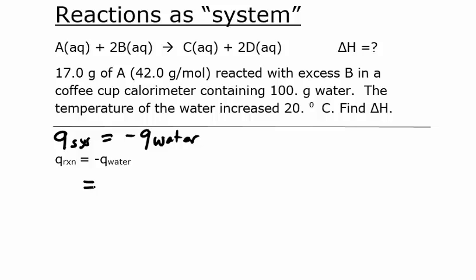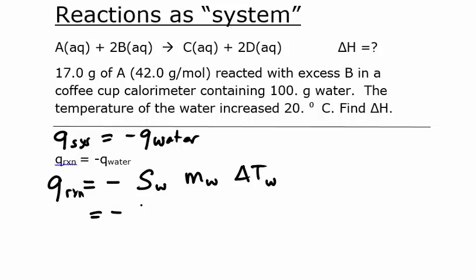Okay, so our system has been put in 100 grams of water, and so the Q for the reaction is going to be minus the Q for the water, so I'm going to put the minus in there right away, and I'm going to say that's S for the water, M for the water, and delta T for the water. Alright, so let's put in our numbers.